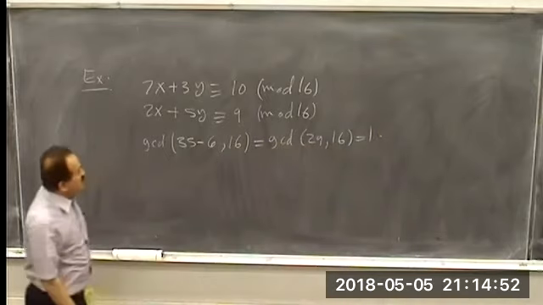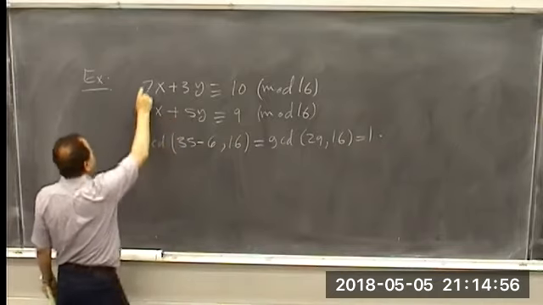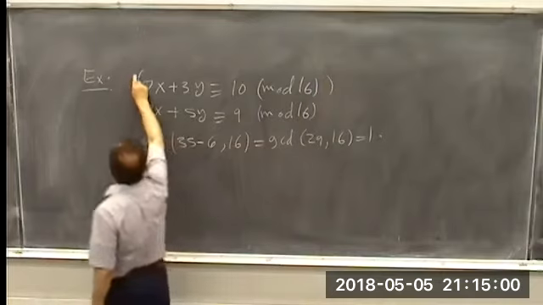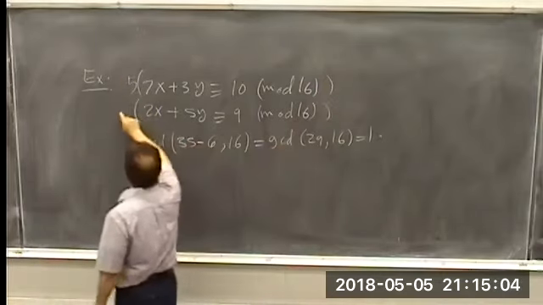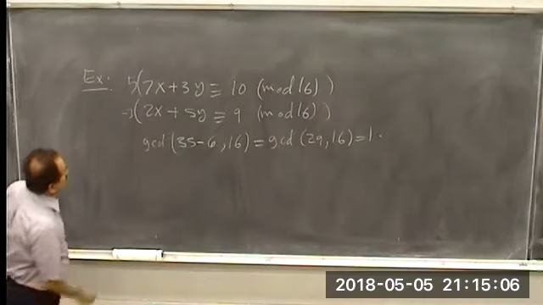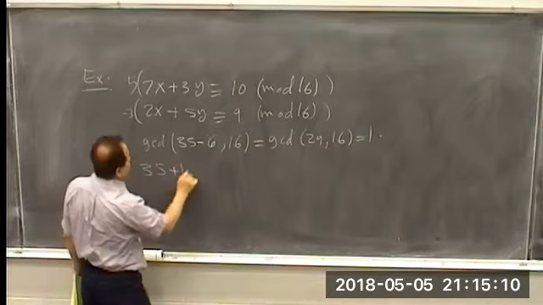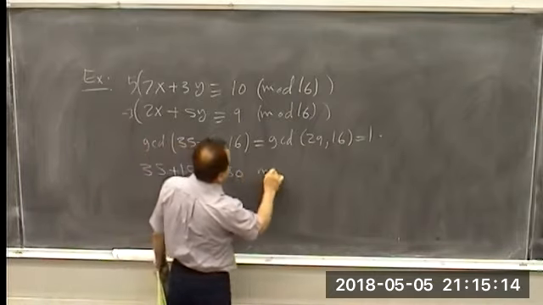Now, to find the unique solution, let's just start by eliminating the y. If I multiply the first equation by 5, and the second by negative 3, we obtain here 35x plus 15y congruent to 50 mod 16.